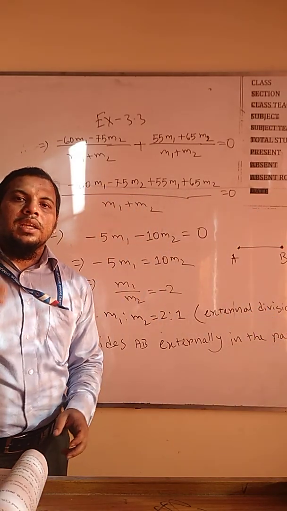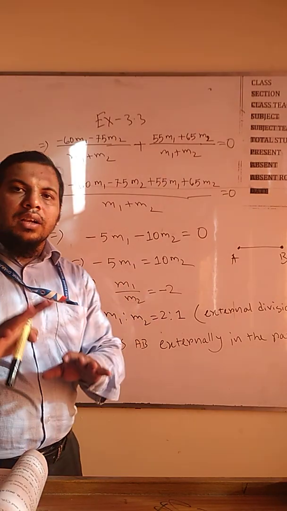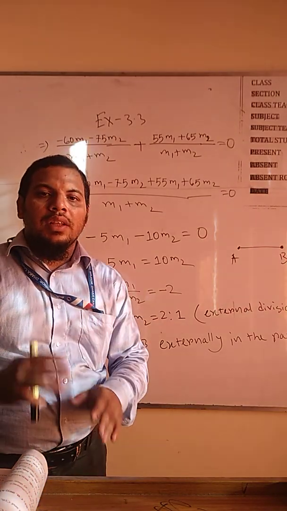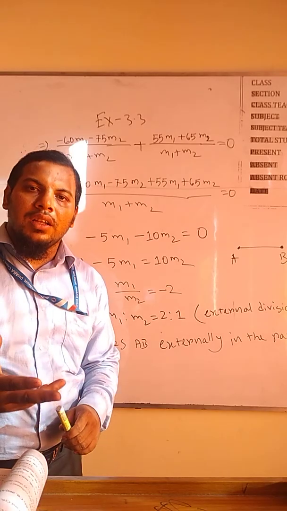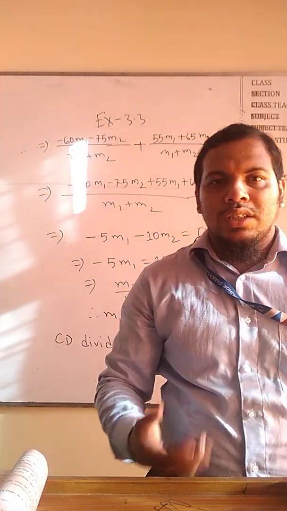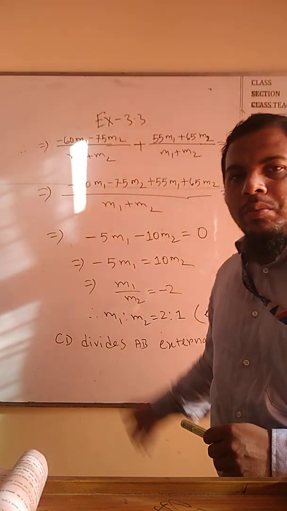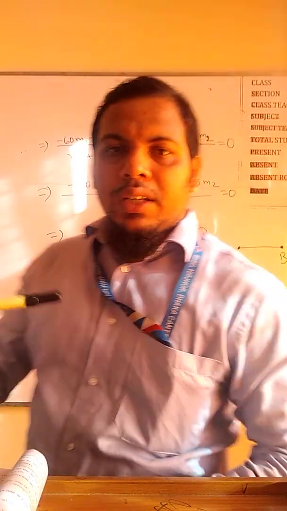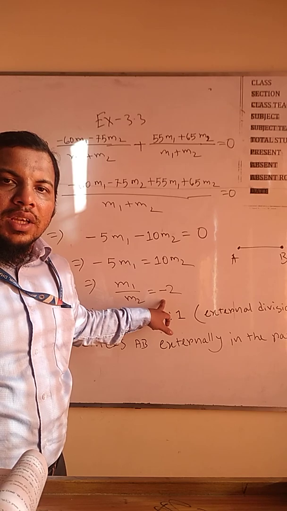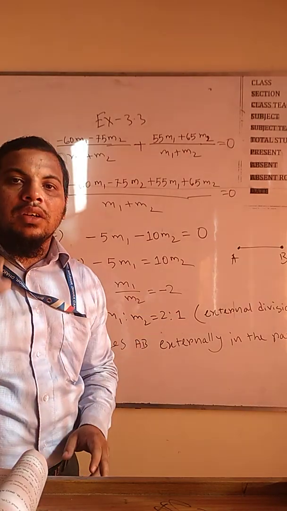I am telling you again, if you get m1 by m2 positive, then it is internal division, and if you get m1 by m2 negative, then it is external division. So that is all about today's discussion, and I have shown you both problems for your better understanding, especially to show the real application of negative.